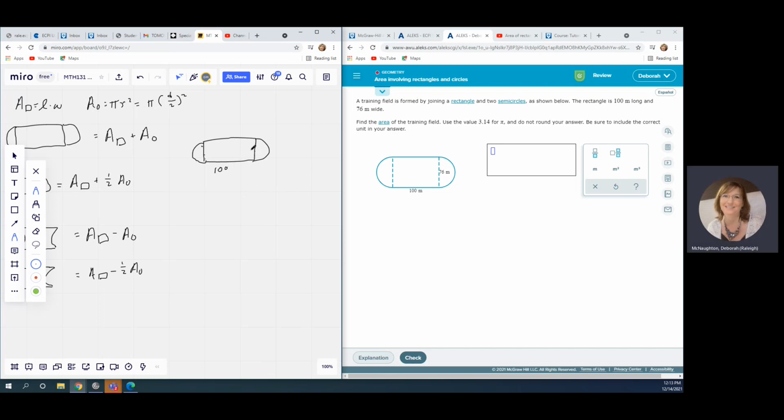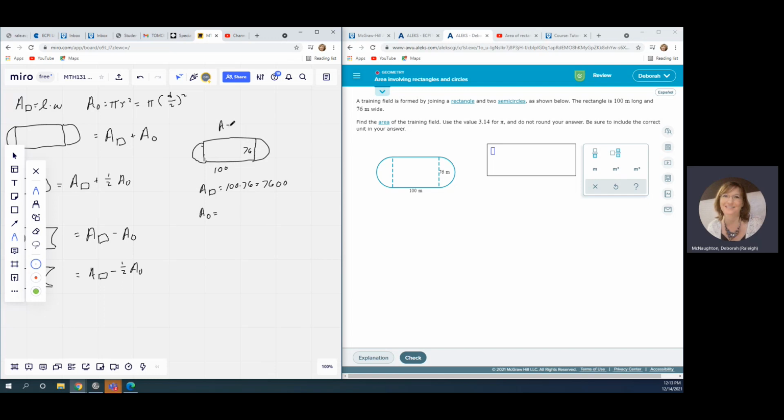This is 76. So my rectangle is 100 by 76. So my area of my rectangle is 100 times 76, or 7,600.